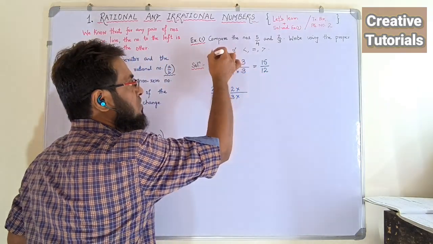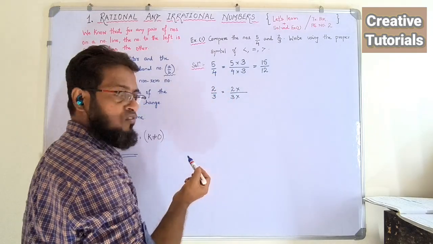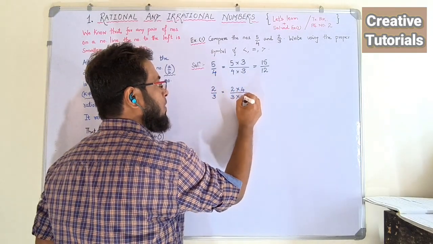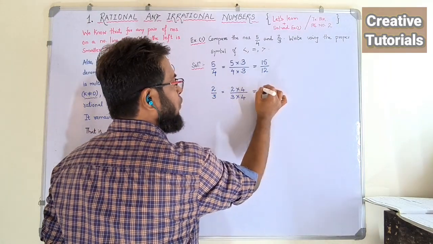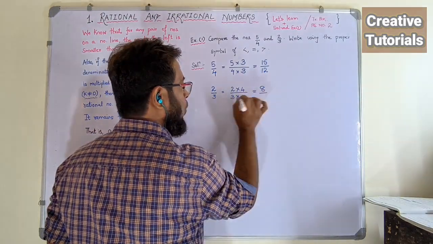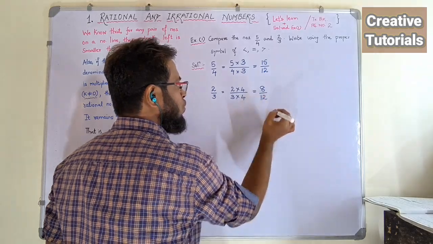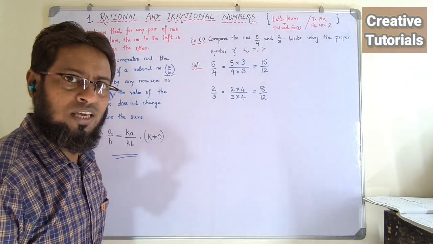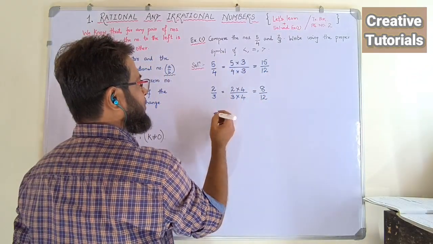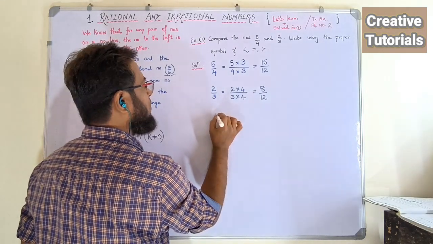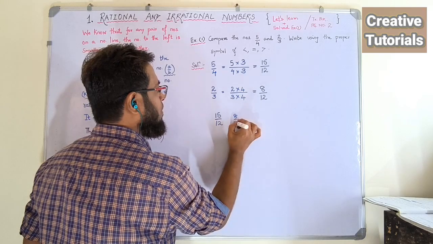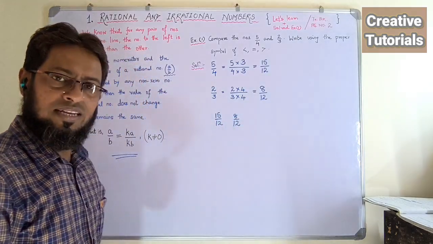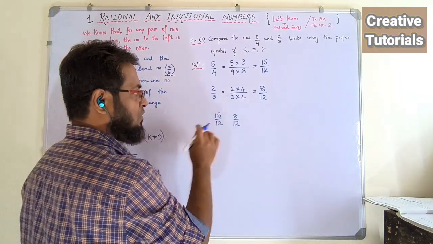The first fraction is this one and the denominator is 4, so I will take 4 over here. This will give me 2 4s are 8 upon 3 4s are 12. So now we have 15 upon 12 and 8 upon 12.